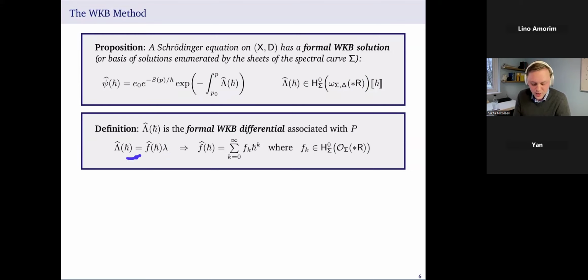And so when I'm expressing capital lambda hat in terms of little lambda hat, I'm removing all that principal part along delta. All I'm left with is what's happening along ramification. So I get this global holomorphic function, coefficients, each of which is a global holomorphic function, save for poles along ramification.